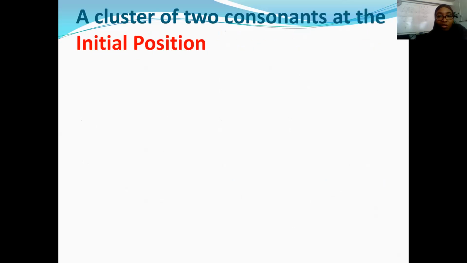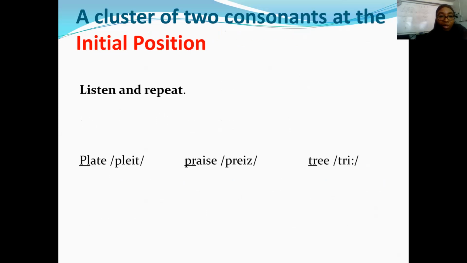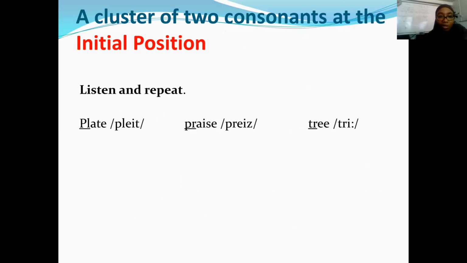Now let's look at consonant clusters at the initial position. Look at the words on your screen. You have the word plate, with 2 consonants in a cluster at the initial position. You have the words twin, praise, crane, tree, and dress.